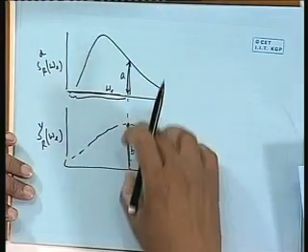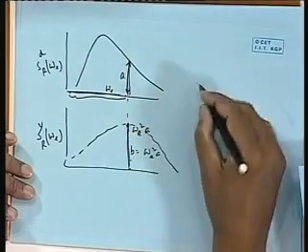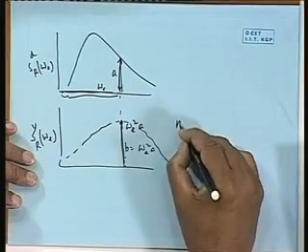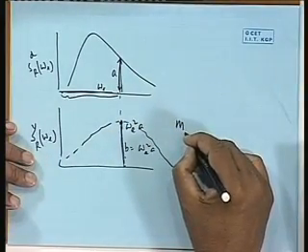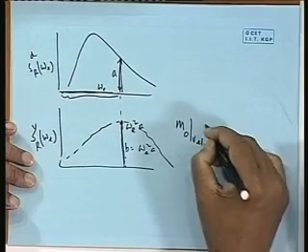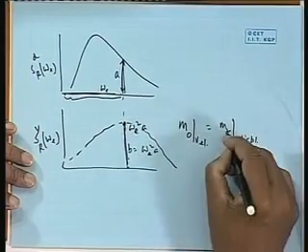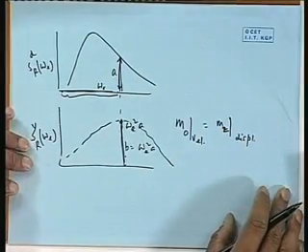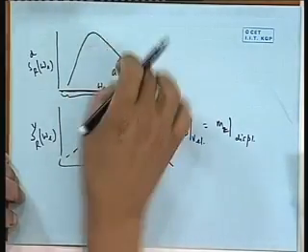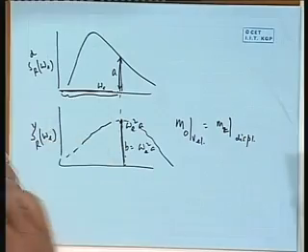It essentially means that this graph is nothing but the second moment of area for this graph. Each point is a second moment of area. In other words, the area under this, m0 for velocity, becomes m2 for displacement. Because after all, when I am taking velocity, all I am doing is replacing the ordinate by the ordinate into square of the frequency, but that is nothing but the second moment of that ordinate.